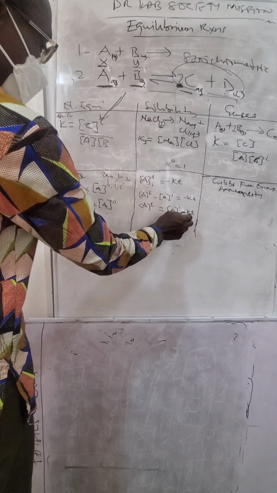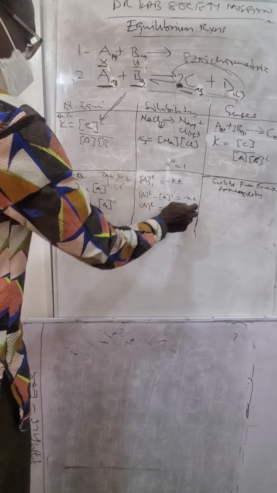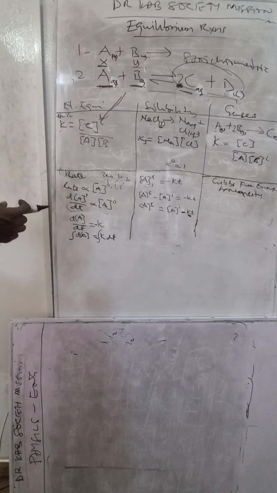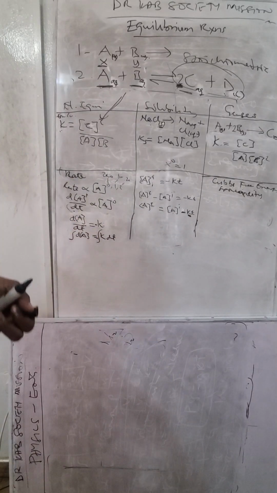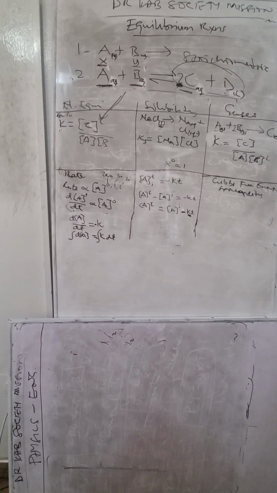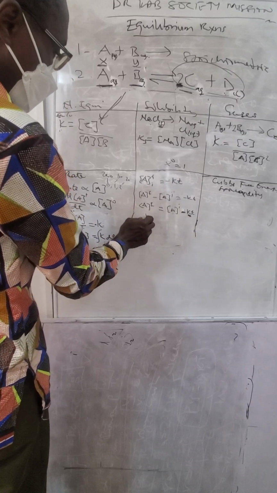So this is constant, this is constant, this is the t, and these are the concentrations. So this can give you the expression for the zero order. You can relate this to saying y is equal to what?